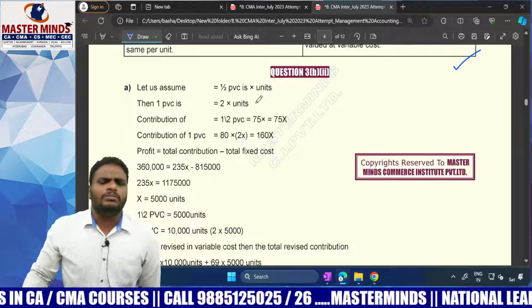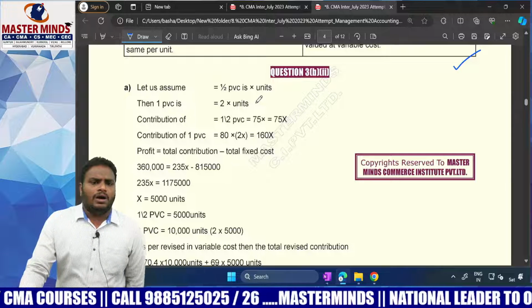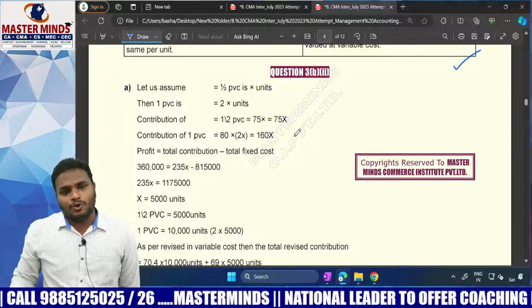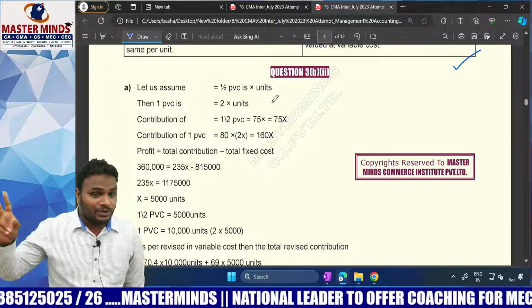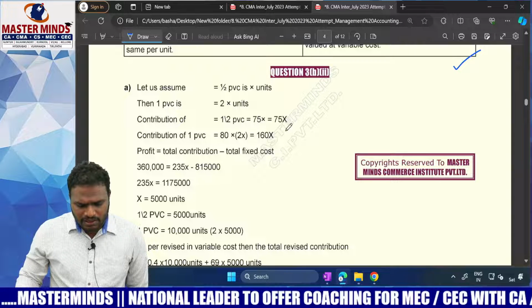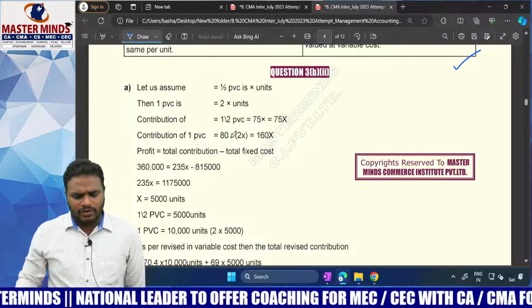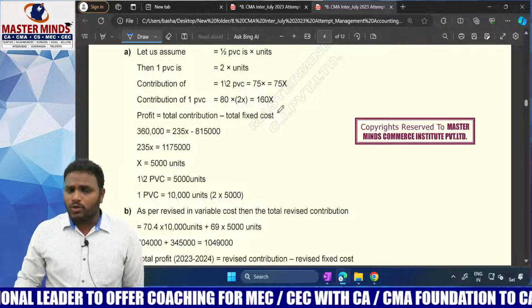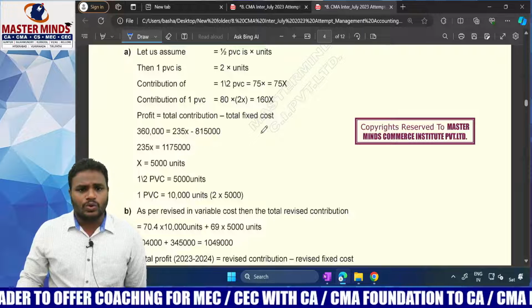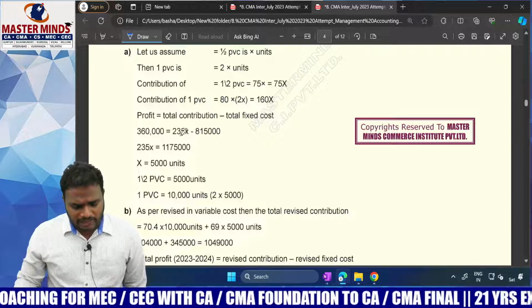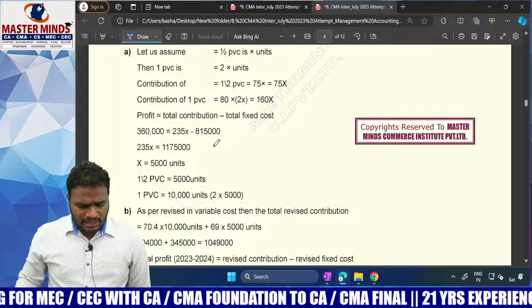Let us assume half-inch PVC is X units. Then 1 inch PVC is 2X units. Why? Sales mix is 2:1, right? Now, contribution of half-inch is 75X. Contribution of 1 inch PVC is 160X. Now, profit is equal to total contribution minus total fixed cost. Profit is 360 minus 235X minus 815.